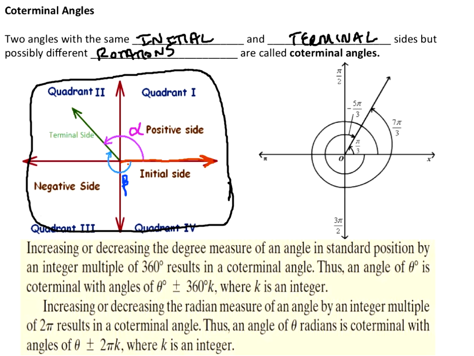So I'll do the initial here in orange, my initials in orange, and then they have the same terminal side. They just had different rotations. So hopefully coterminal makes sense to you.